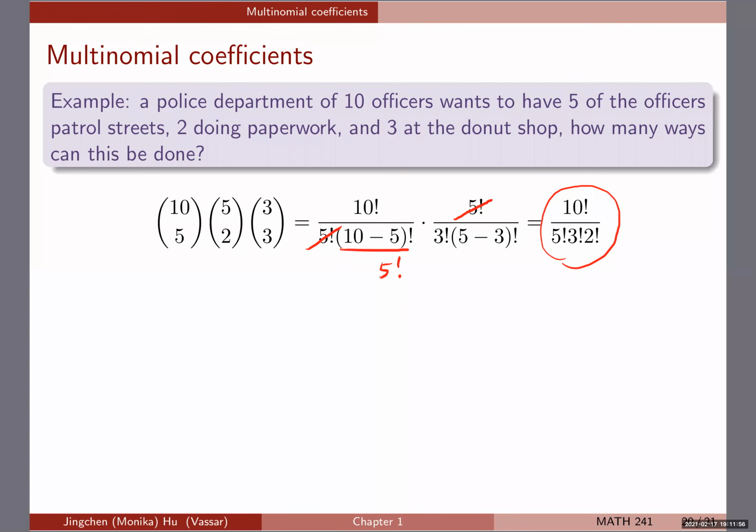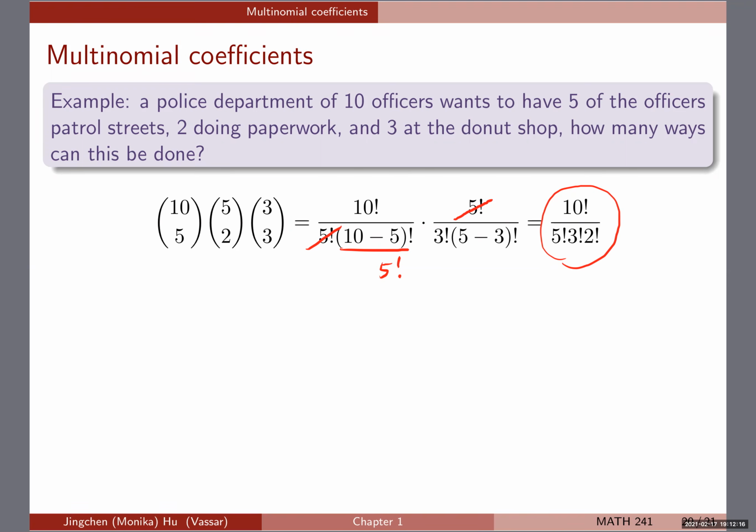We're not caring about the order. As we know, permutation always cares about the order. Now we're really just grouping 10 objects, or 10 officers, into 3 different groups, and we're trying to figure out the number of ways to do that.